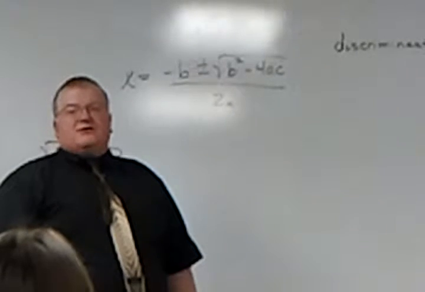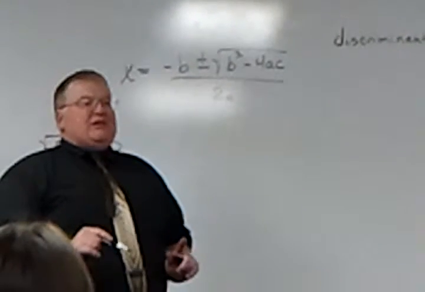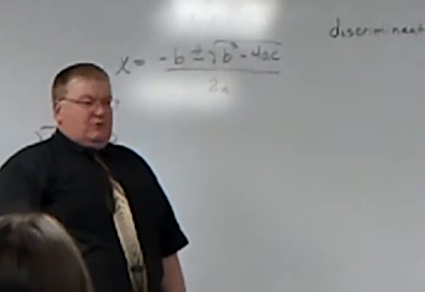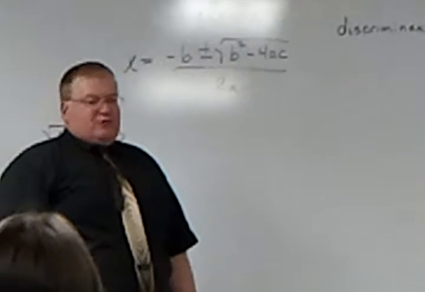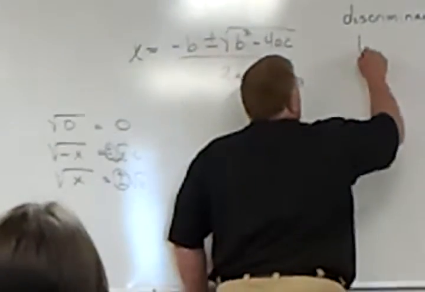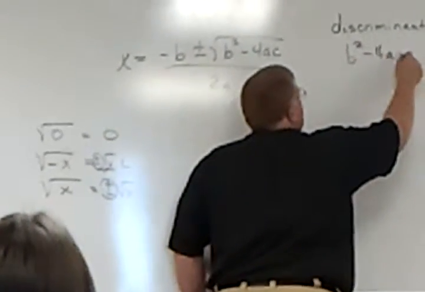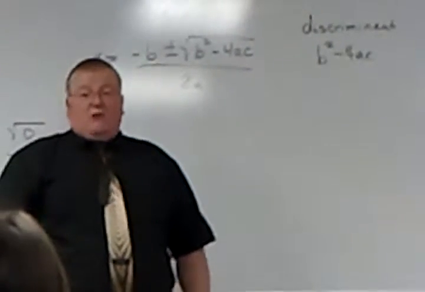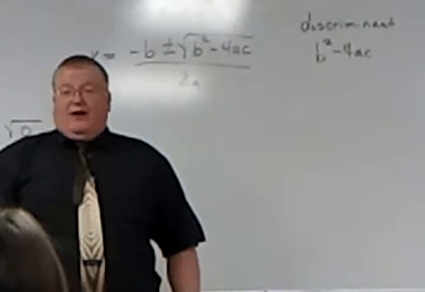I want you to tell me the number of that formula that's under the square root. What is that number? It's real easy. Very good. It's b squared minus 4 times a times c. That's a real number. b squared minus 4ac is the discriminant.